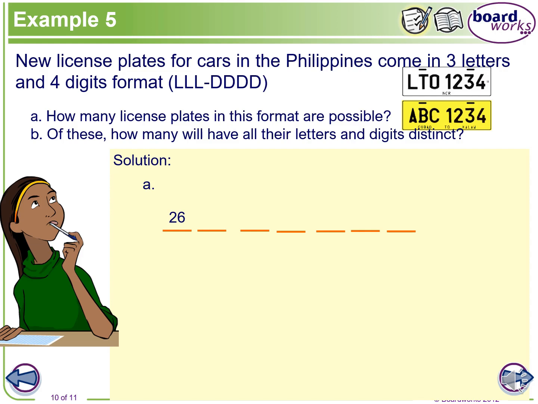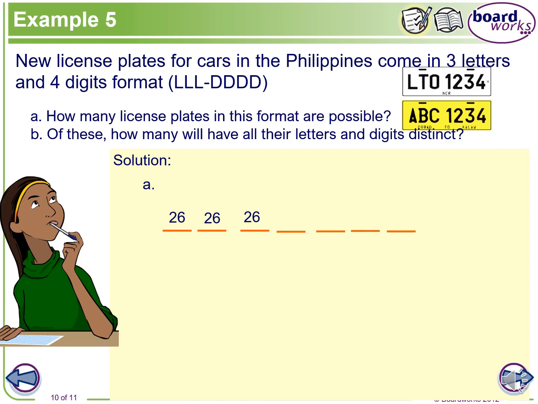Still, there are 26 letters to choose from, right? In the third event, it's still a letter. So how many letters can we choose from? There are still 26 letters to choose from. It could be AAA, AAB, AAC, right? Or ZZZ. So there are 26 letters to choose from.